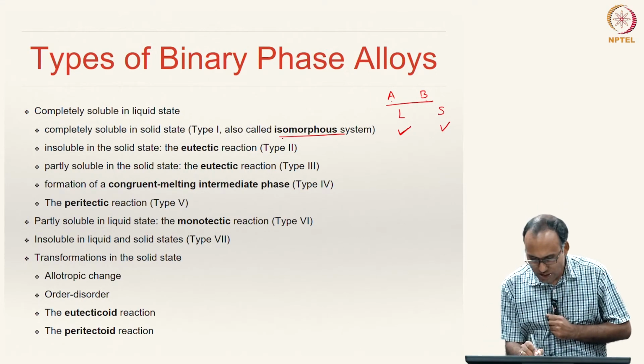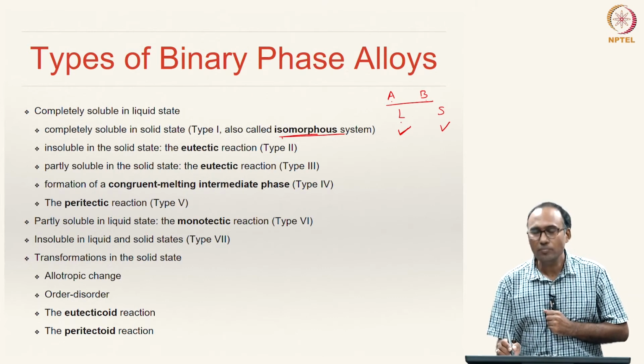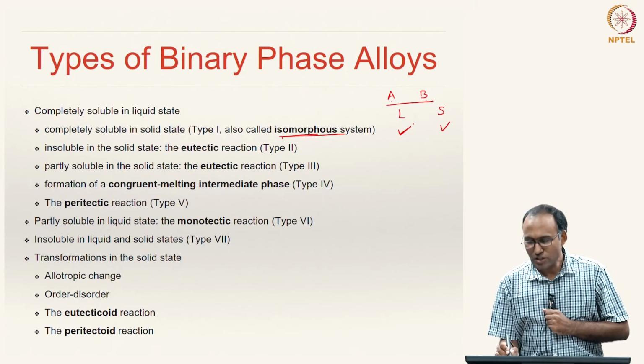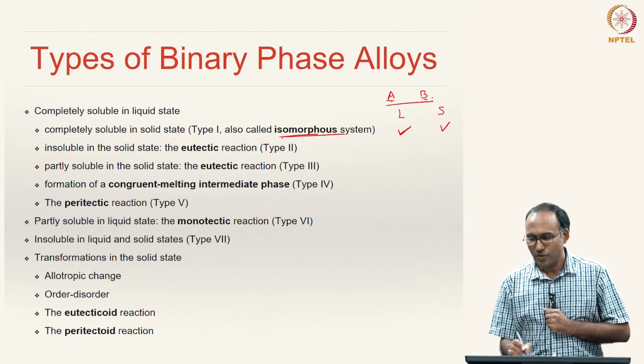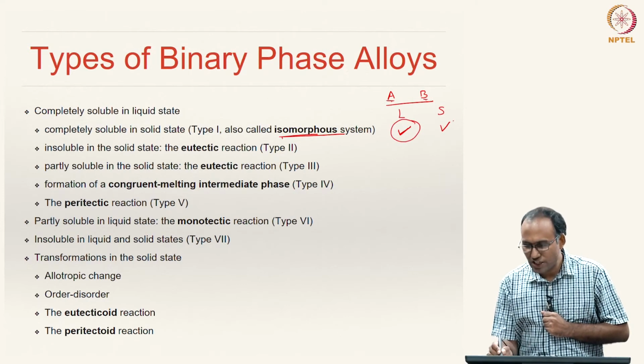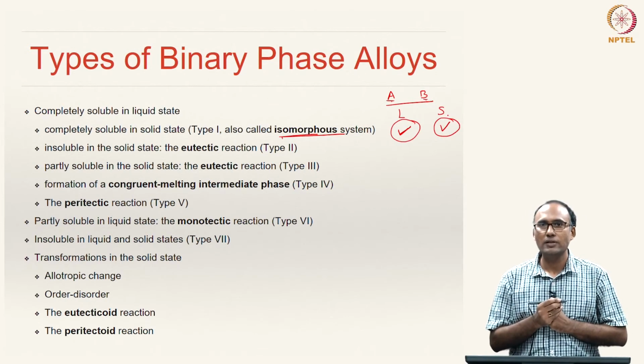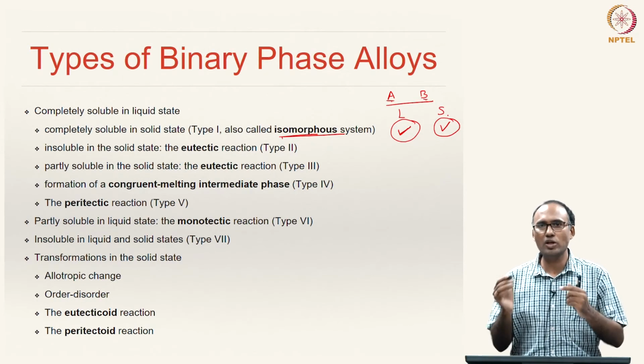So, an isomorphous system is a system of alloys in which components A and B are completely soluble in liquid state and completely soluble in solid state. That means, A is soluble in B and B is soluble in A completely.